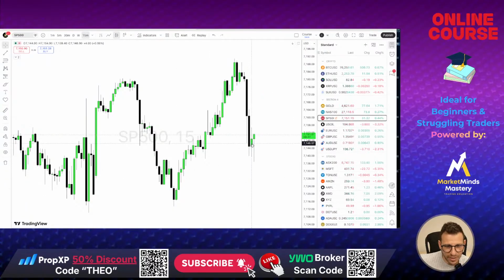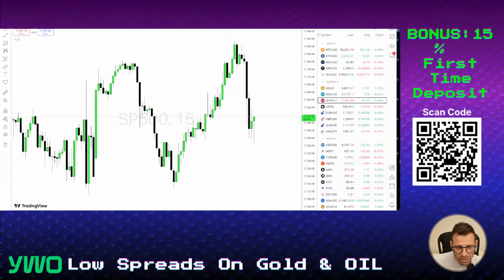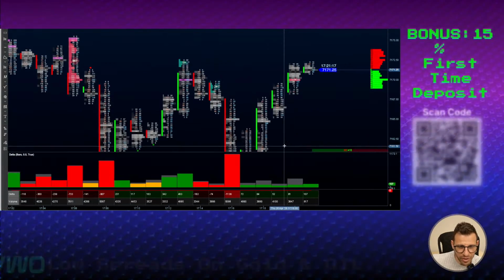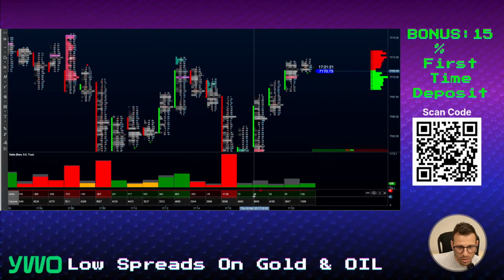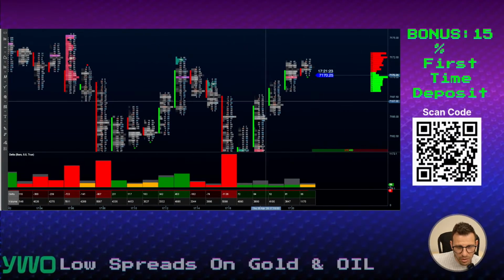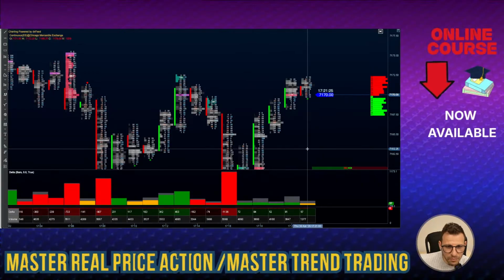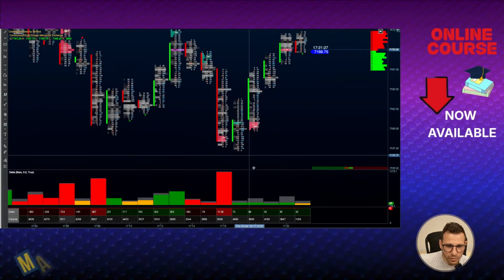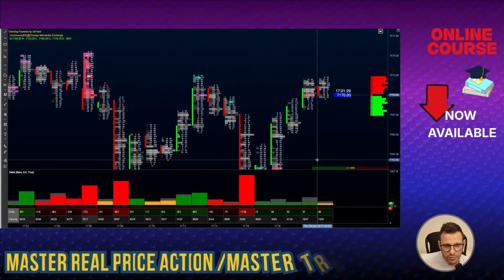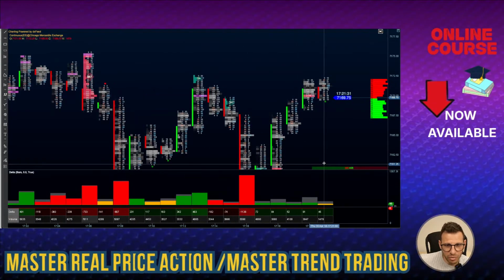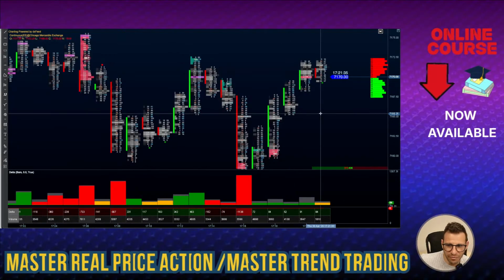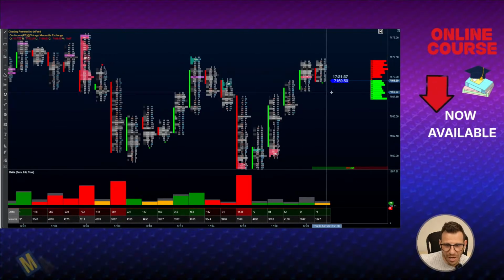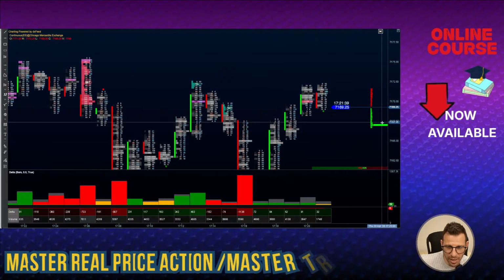We are expecting now a retracement on the S&P 500 because of these trapped sellers at the bottom. Let's see if the buyers will create a new direction. But honestly, if you're going to buy here, you have to understand that the market now is in the middle of nowhere, okay?